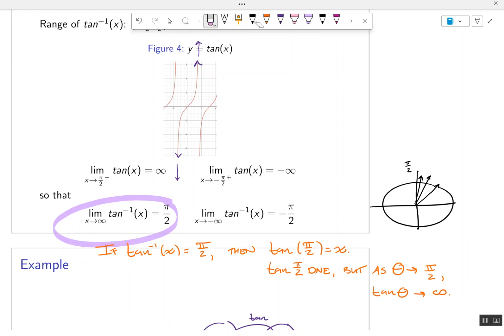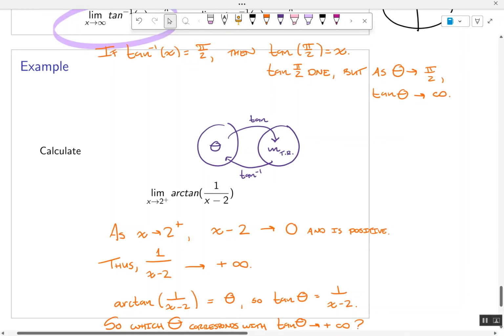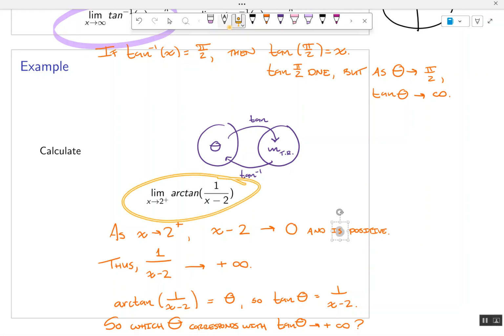The slope gets increasingly positive. The slope increases without bound. So we can use that way of thinking over here in this example. So calculate the limit as x approaches 2 from the right of the arctangent of 1 over x minus 2.